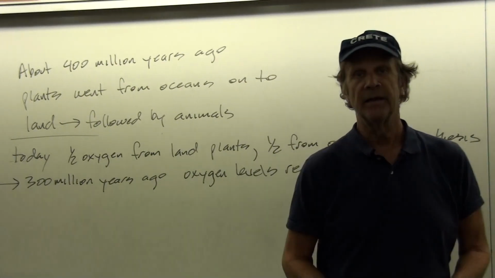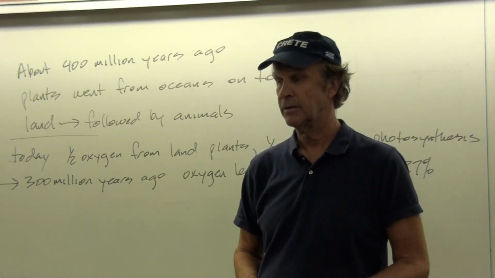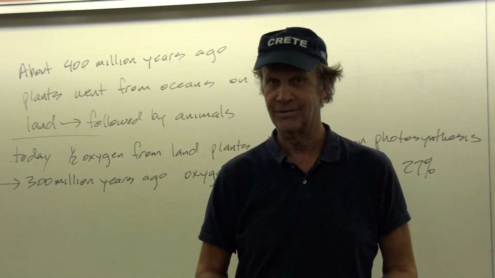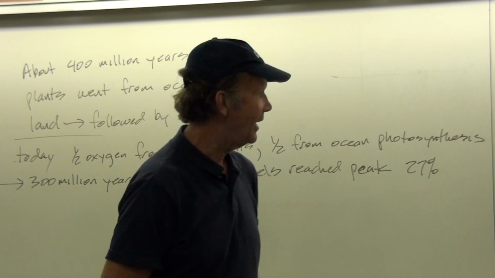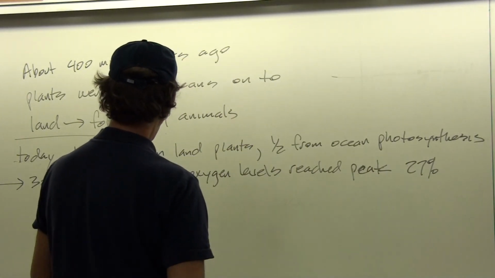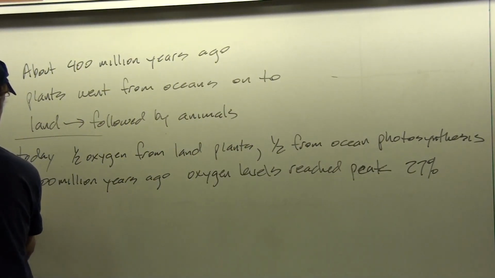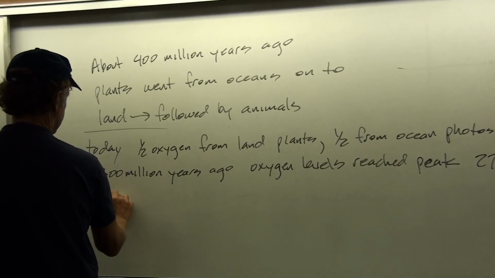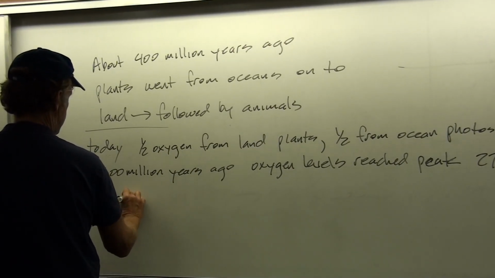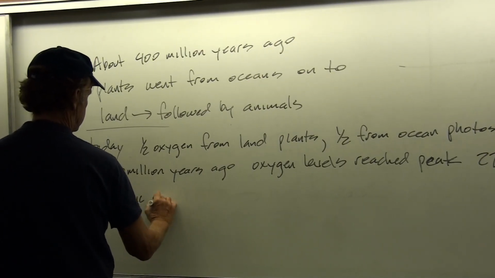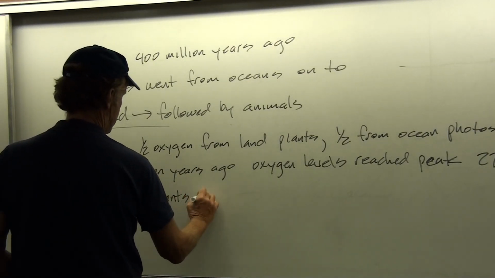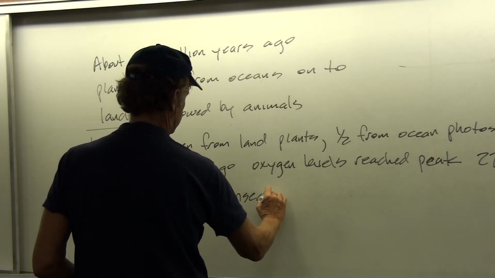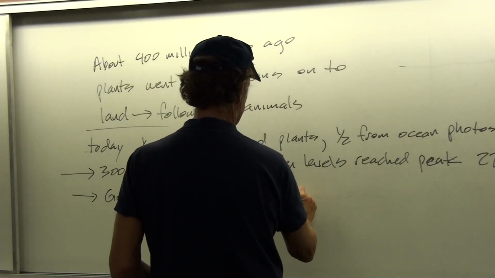Recall that in today's Earth, the oxygen is more like 20%. And so this is a much higher amount of oxygen. And in those times you had gigantic plants and insects. Called the Carboniferous era.